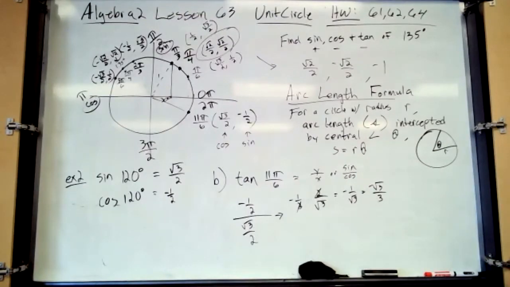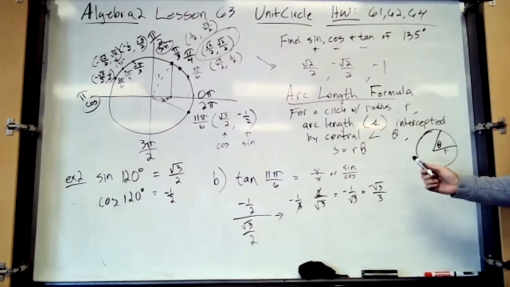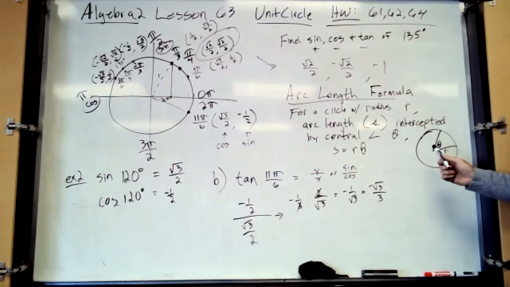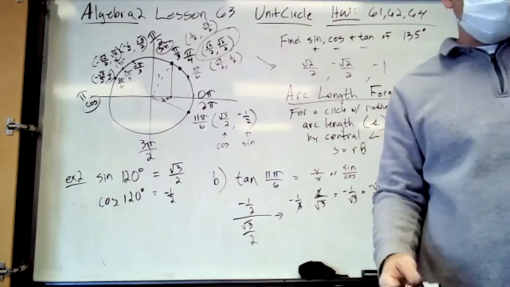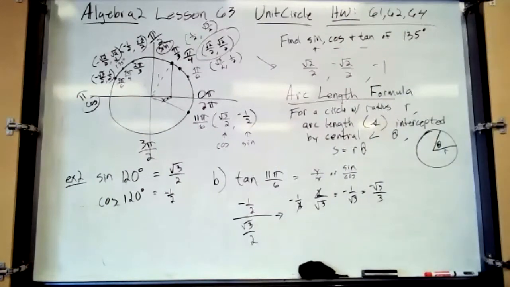Okay? So if this was a unit circle, the diameter would be 2, so the circumference would be 2 pi, right?